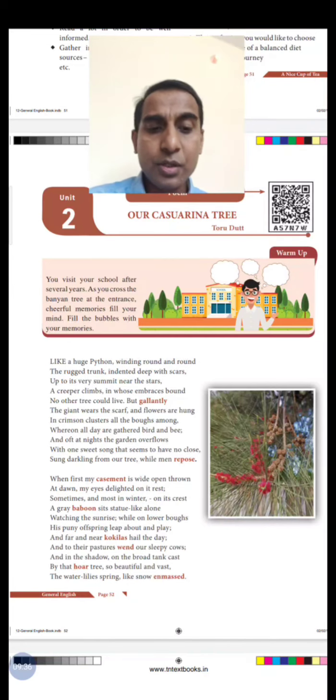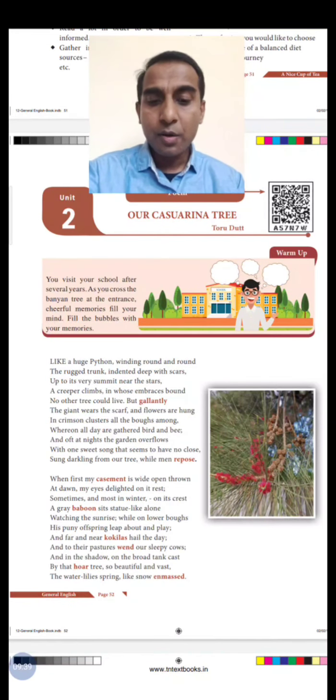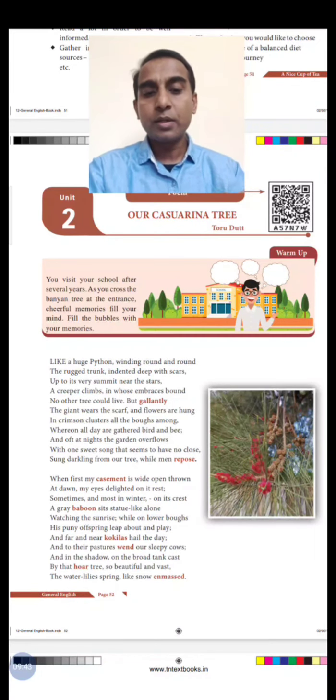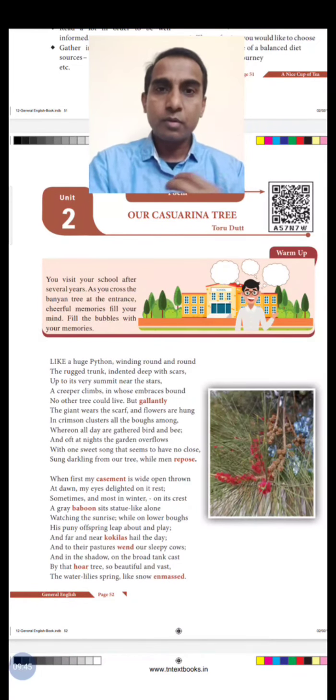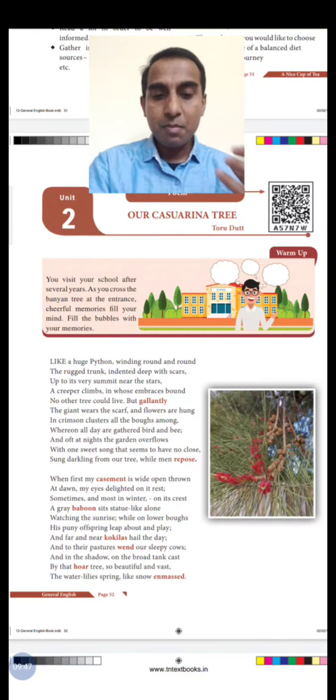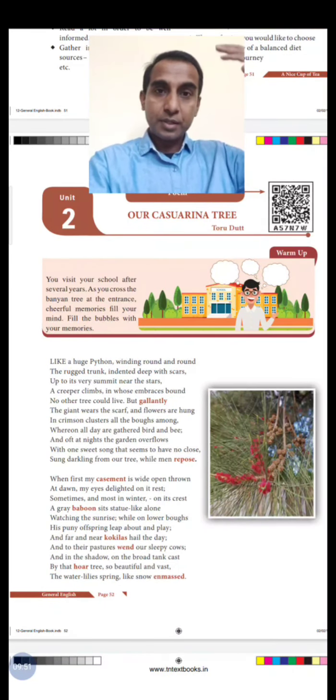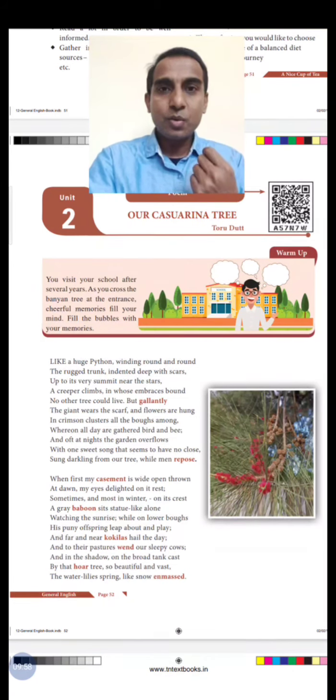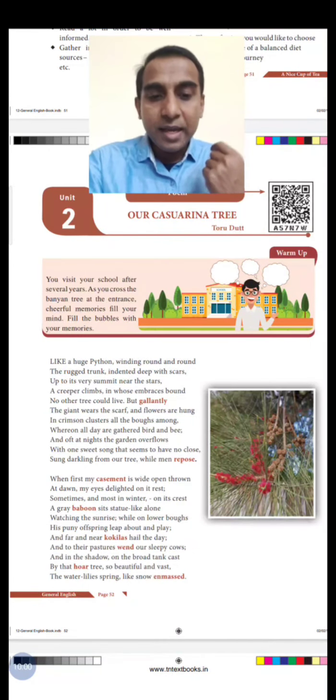So no other tree will be able to bear this scar mark which this creeper has given. The giant means the tree here. The giant wears the scarf. It takes that scar mark like a scarf. That is what the covering of the creeper is, like a scarf.